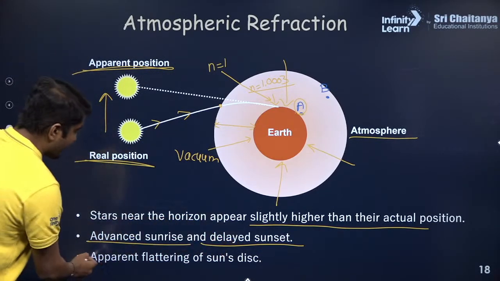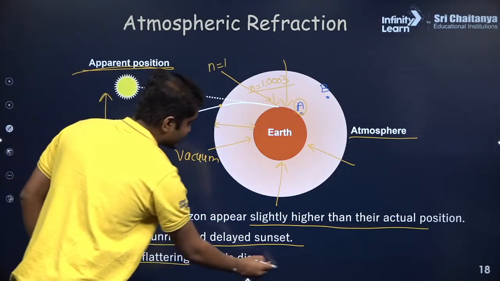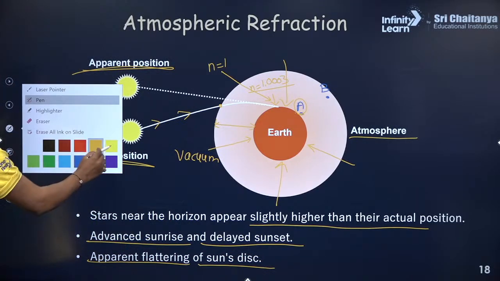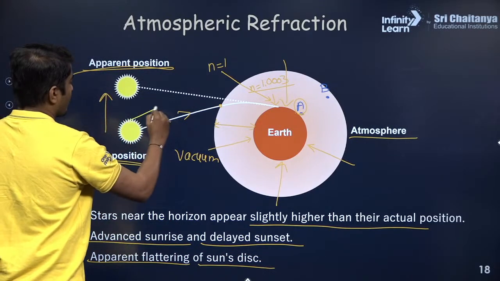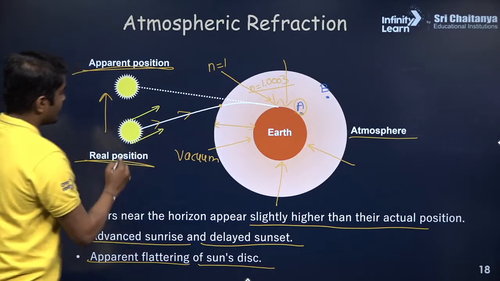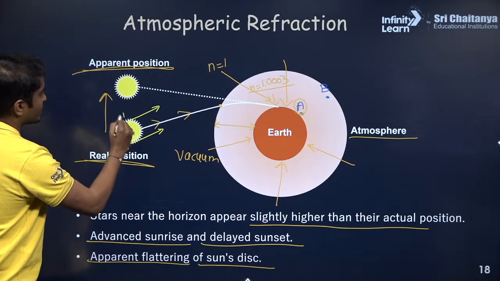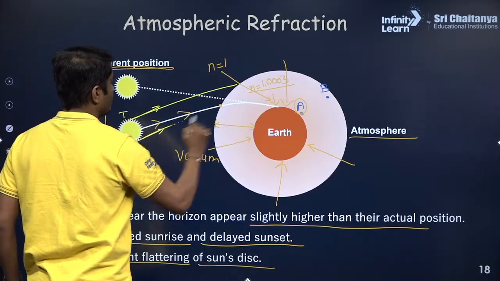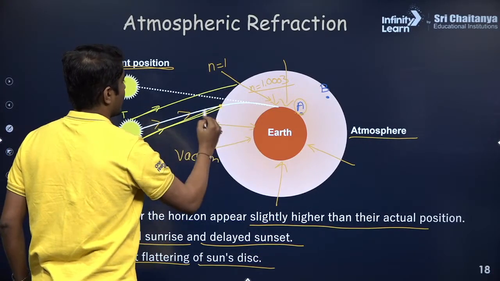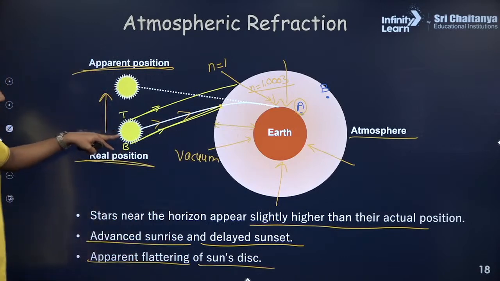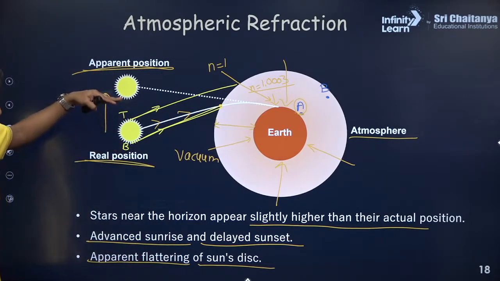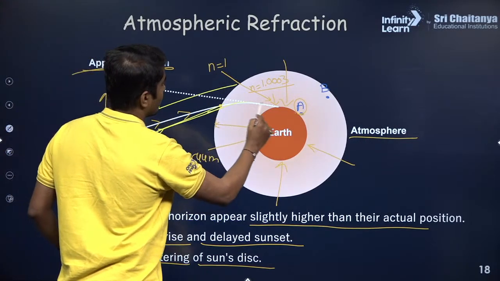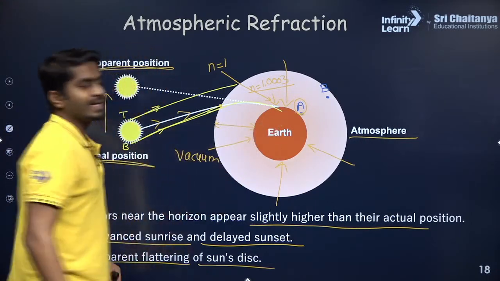Third one, apparent flattening of the sun's disk. Why does this happen? Let's suppose there are two rays coming from two surfaces, a bottom and a top, correct. Both of them fall onto the atmosphere. The bottom ray is coming from the lower part, so it will go through more bending.